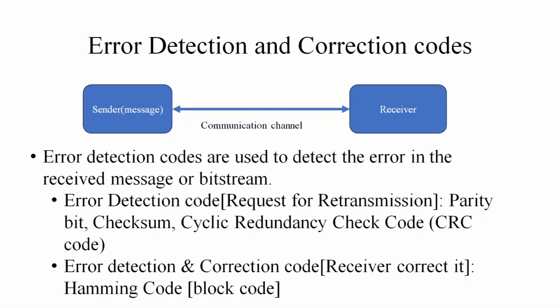So, here this is a sender, and the sender sends a message to a receiver through a communication channel, and both understand the protocol. It means the sender sends a message by using some method, and the receiver knows what method is used for error detection, and then the receiver applies the same method for checking whether the message that arrives is correct or has an error.